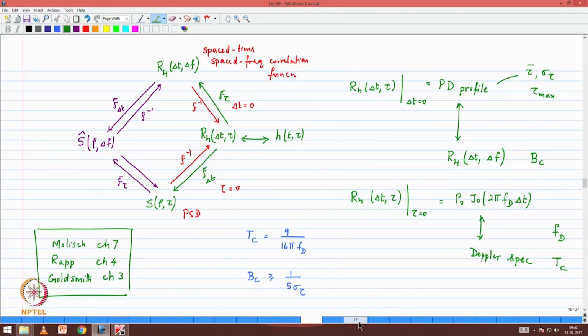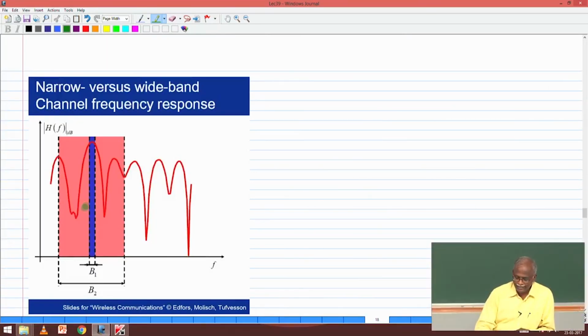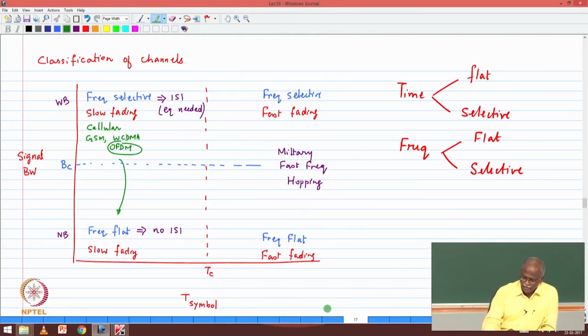This is useful for us to look at this figure because the channel response is given by the red line, but depending upon the bandwidth of your signal, the channel response may look flat or it may look like it is changing, so frequency selective. That leads us to a classification of channels based on the symbol duration compared to coherence time. If your symbol duration is much less than coherence time, we call it a slow fading channel.